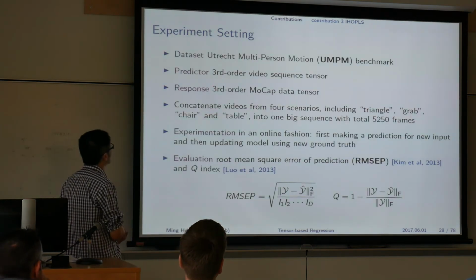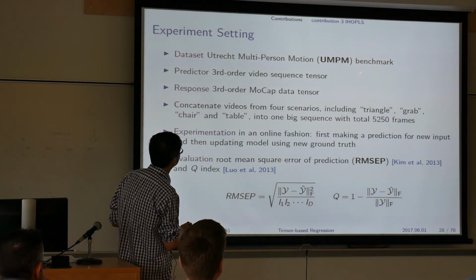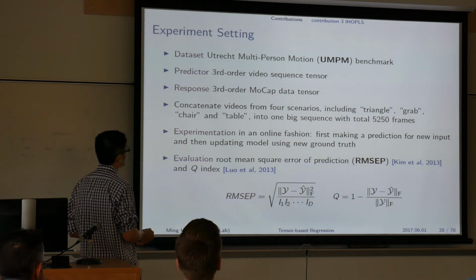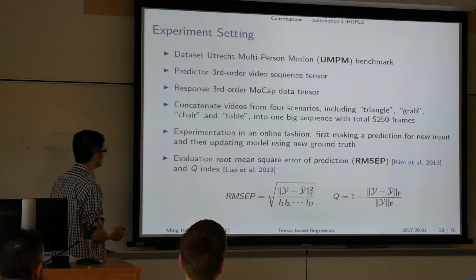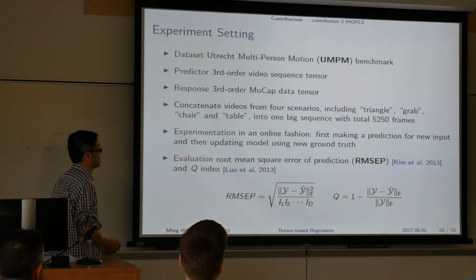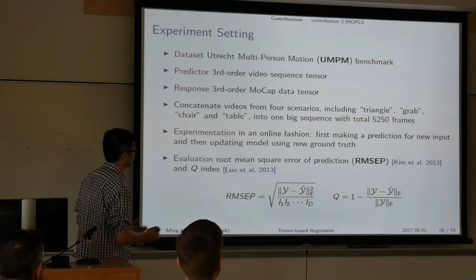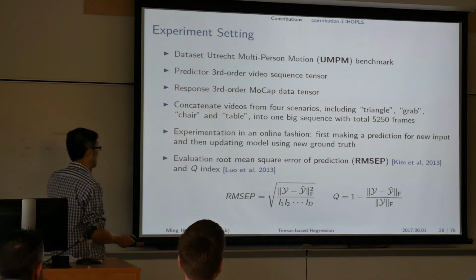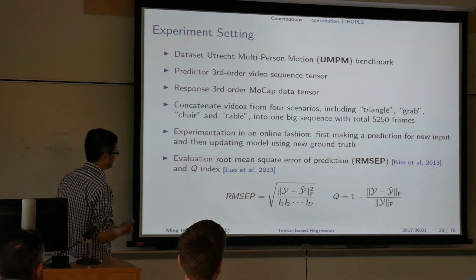And here is the experiment. We validate our method on the UNPM dataset to estimate the 3D human positions for a video sequence. We do this in an online fashion, which means we first make a prediction from the new data point and then update the model using the new ground truth. We use the RMSE and the Q index to evaluate the results.